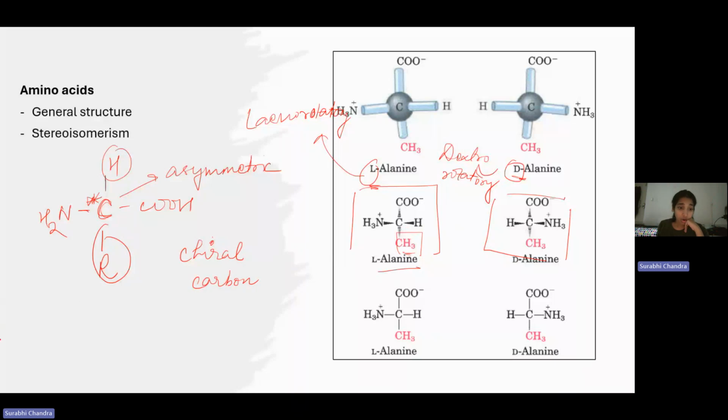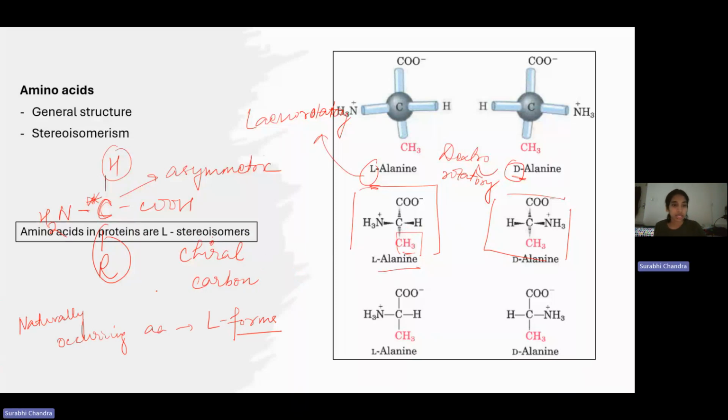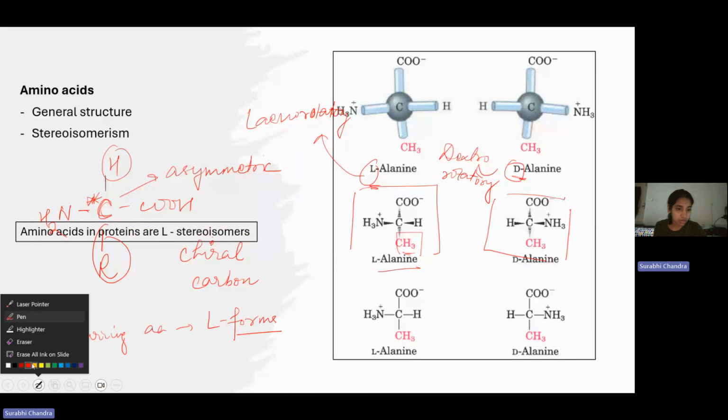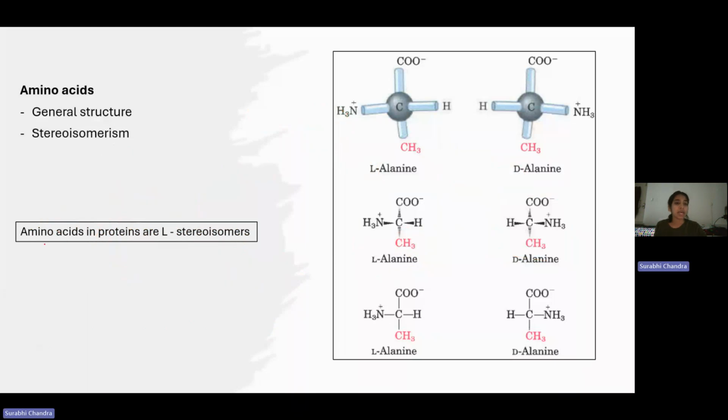Usually all the naturally occurring amino acids are L forms, or L stereoisomers. This is found in nature in general. So amino acids in proteins are L stereoisomers.